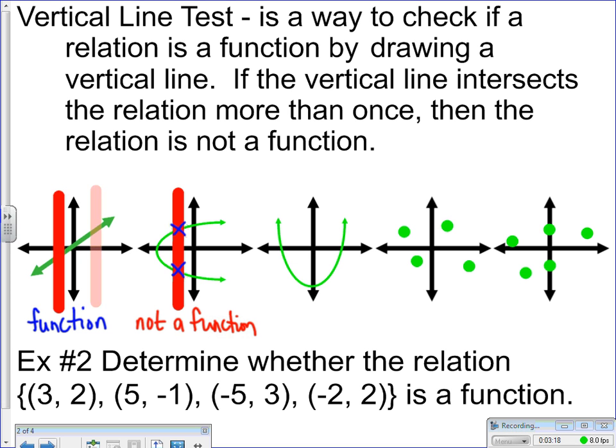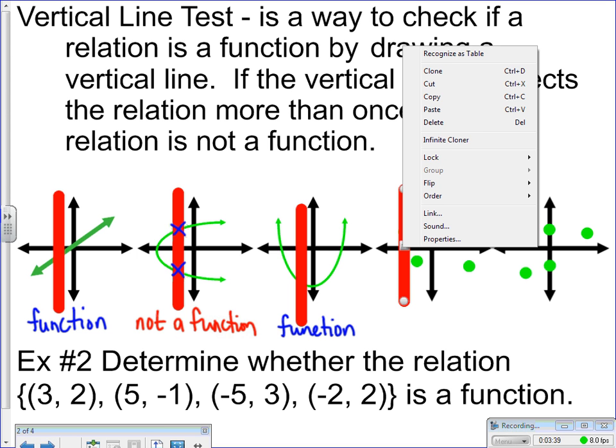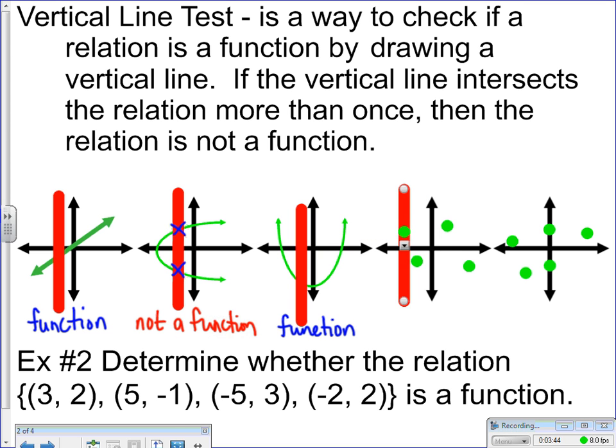In the third one, the vertical line only intersects 1 time, so this is a function. In the fourth one, I hit that 1 green dot. No matter where I place it, I only hit 1 green dot.